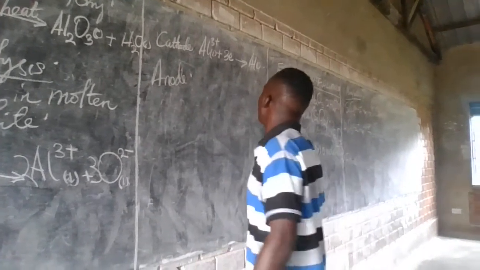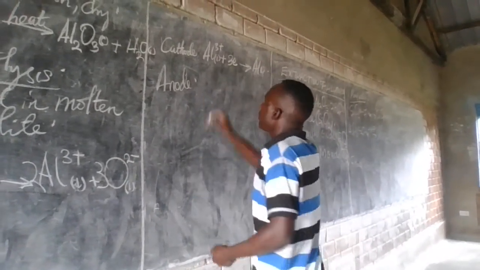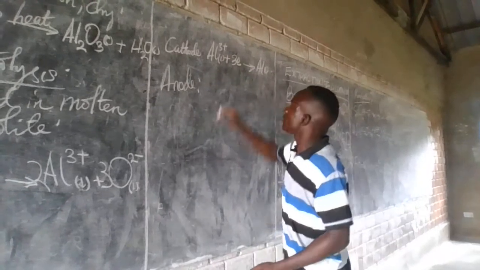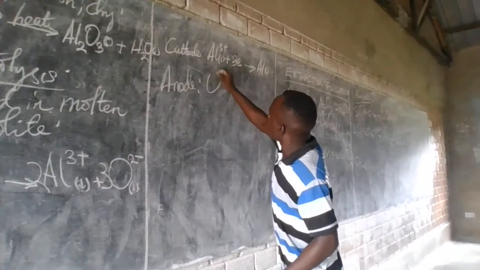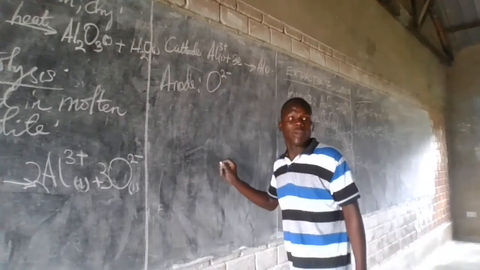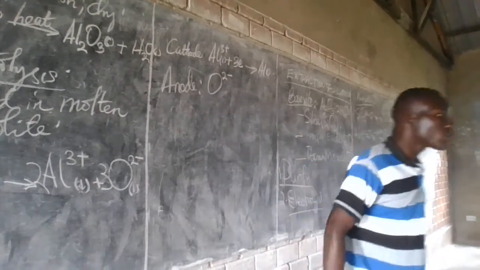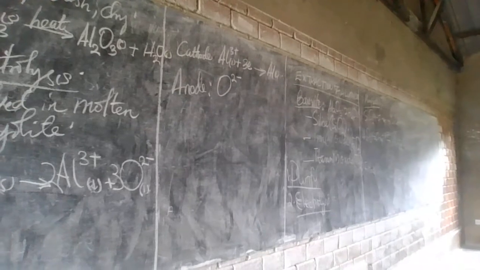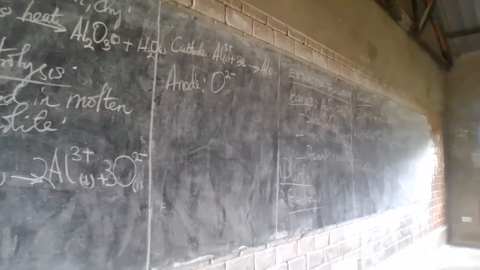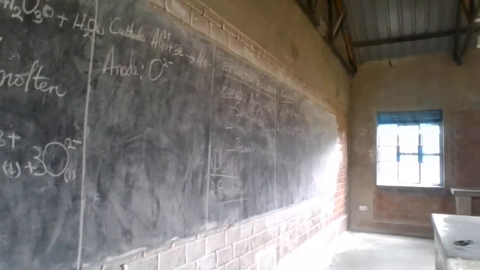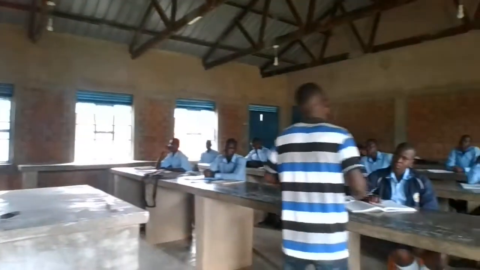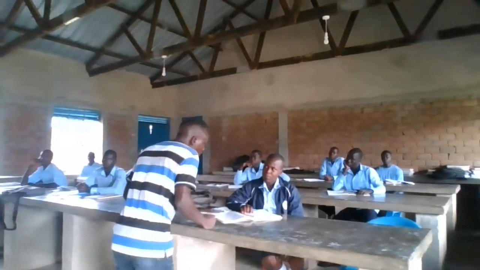Are we okay? Then at the anode, we are going to form oxide ion, because it had gained 2 electrons, okay? Right now, for it to become a normal atom, for it to get discharged, you must take away the electrons that bond.